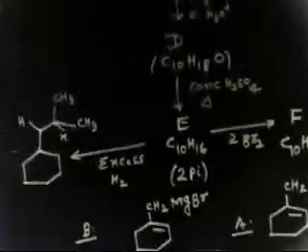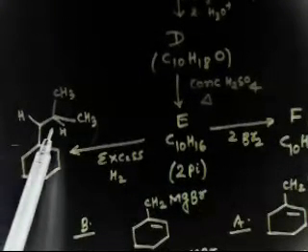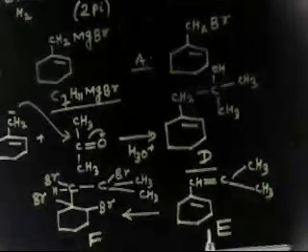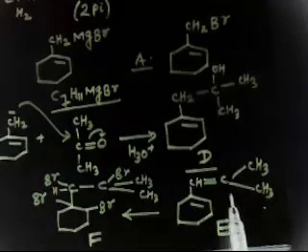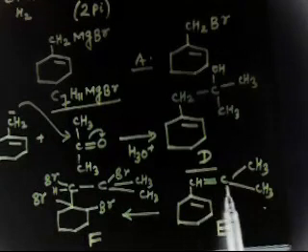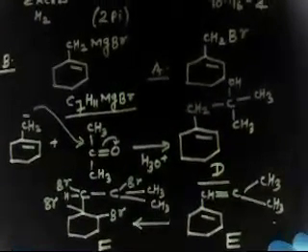This compound and this compound are the same: one ring, cyclohexane, CH, CH3, CH3. If you do hydrogenation, you will get the same compound. Are you getting? So let us copy, those who have not copied fast, and then we'll discuss the next problem.